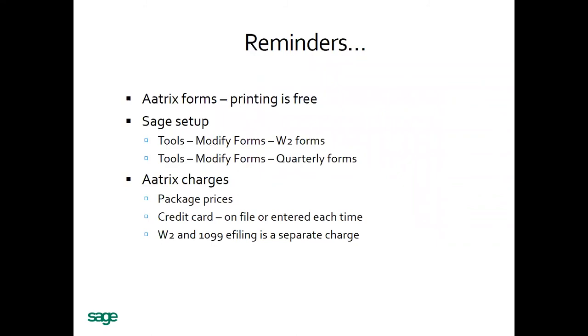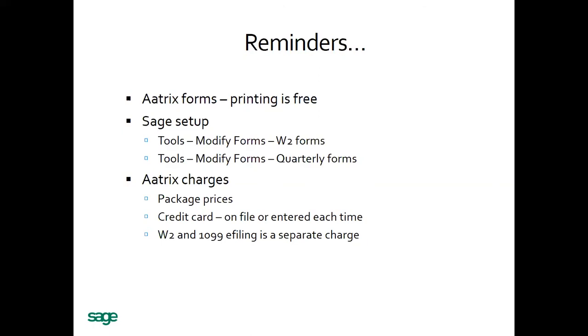The other thing I want to point out is you're still able to manually print quarterly forms in Timberline, not through Aatrix. So there is a modify forms, quarterly forms option still there, and you can run a Sage version of the quarterly form to verify totals if you'd like to before you run the actual Aatrix form.